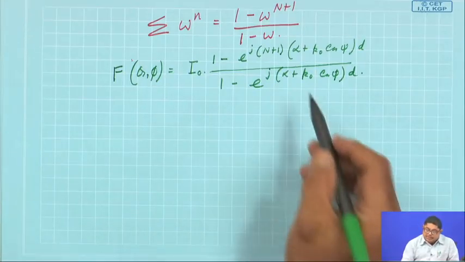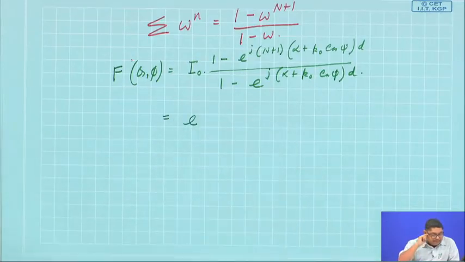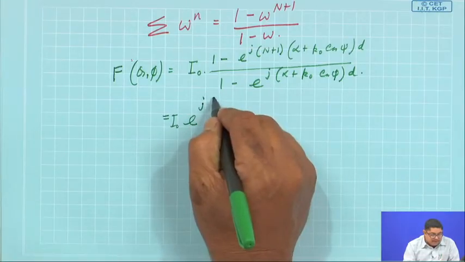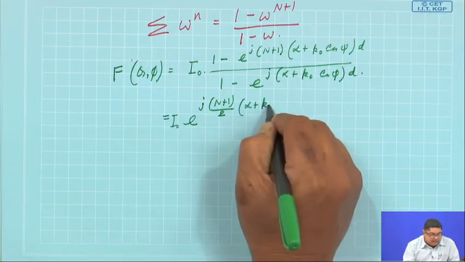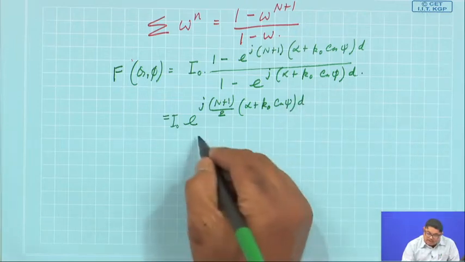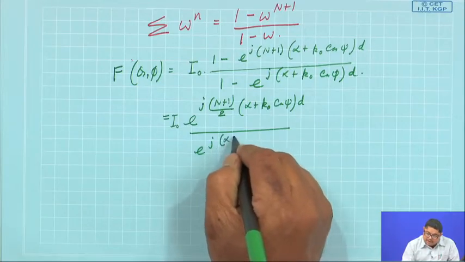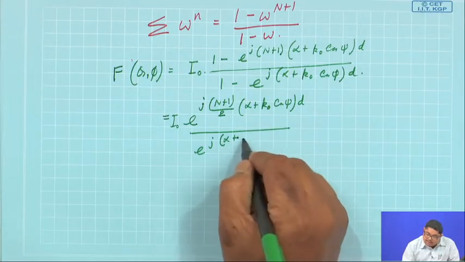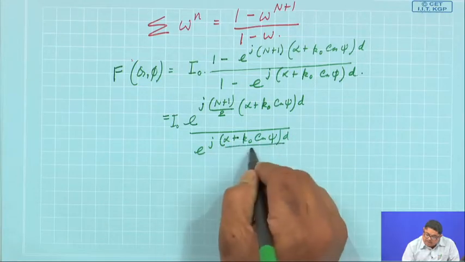So, again the trick is, you take half of this out. I naught will be there, and take a common e to the power j (n plus 1)/2 times (alpha plus k naught cos psi d), and in the denominator you take e to the power j (alpha plus k naught cos psi d)/2.